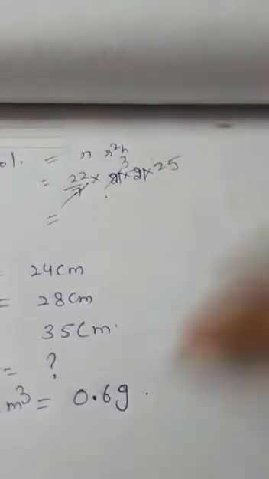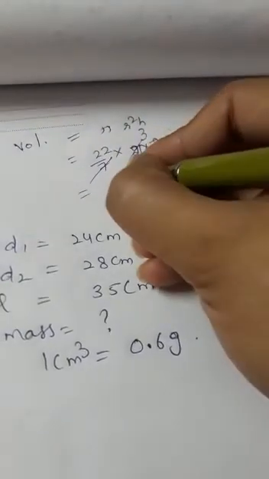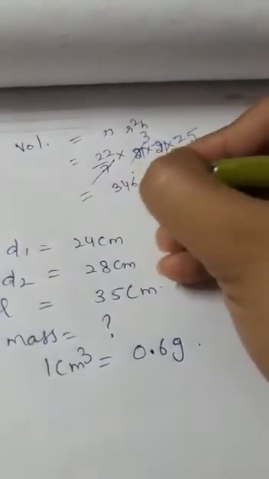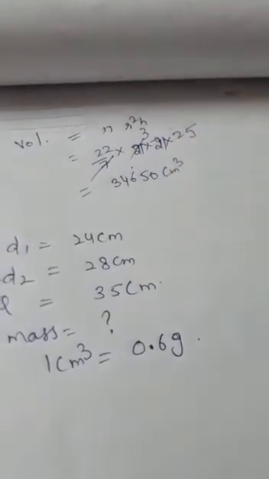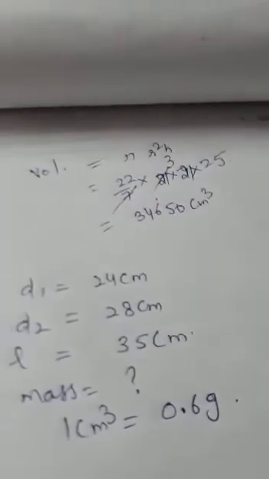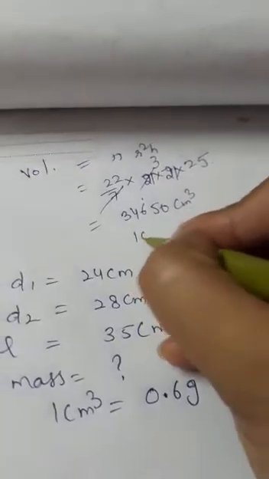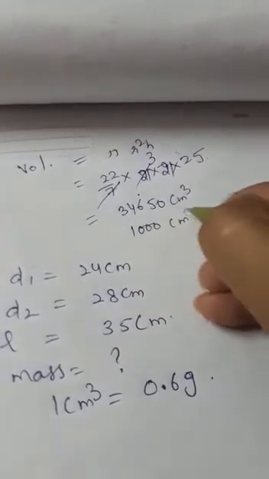So 7 threes are 21, and by multiplying all this we will get 34650 cubic centimeter.